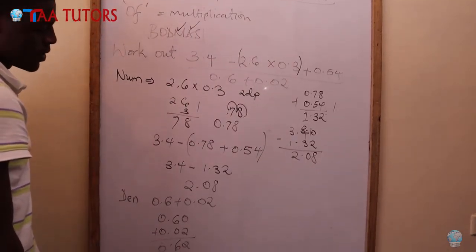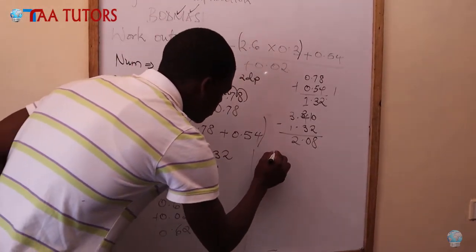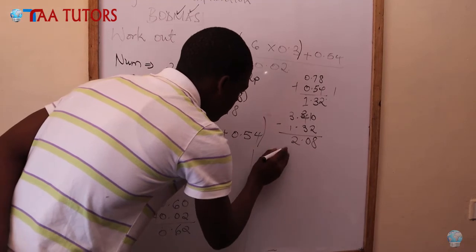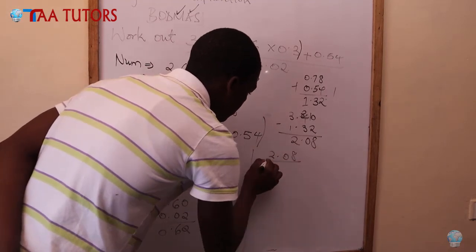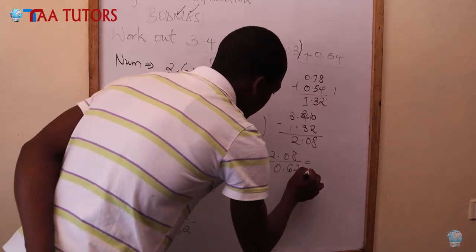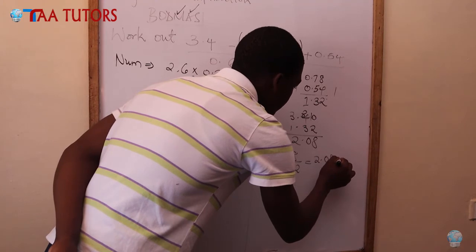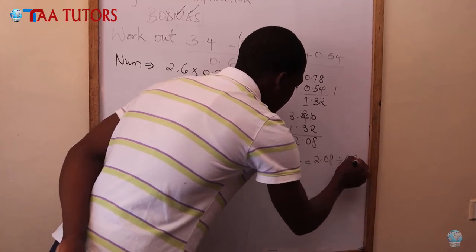Okay, we now go forward to combine it here. We have 2.08 over 0.62. This can as well be written as 2.08 divided by 0.62.